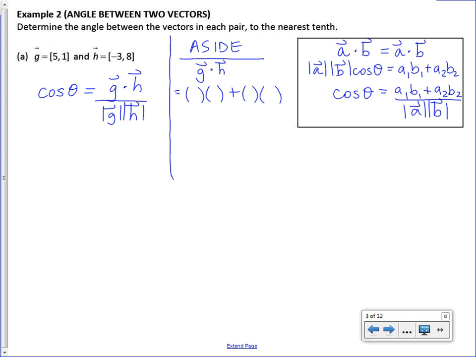So I'm doing the x coordinates multiplied plus the y coordinates multiplied. So what's the x's multiplied? 5 and negative 3. And the y's multiplied are 1 and 8. So I end up with negative 15 plus 8, which is negative 7.